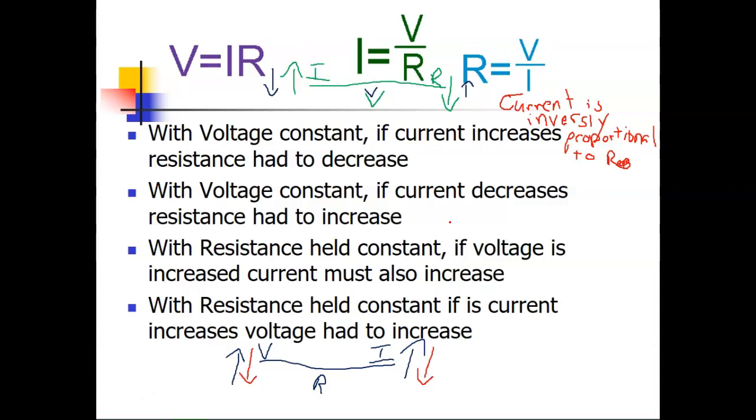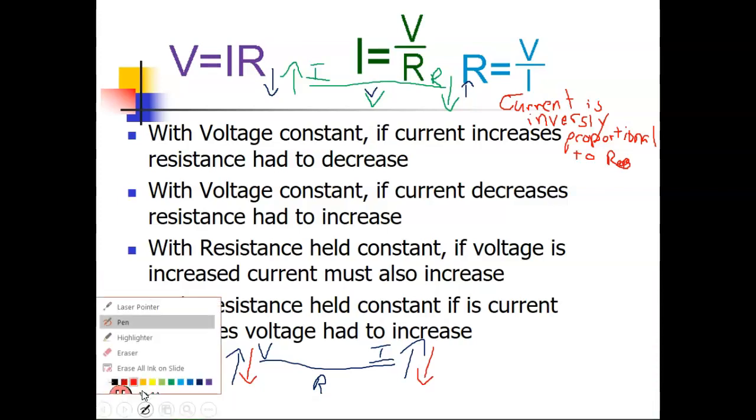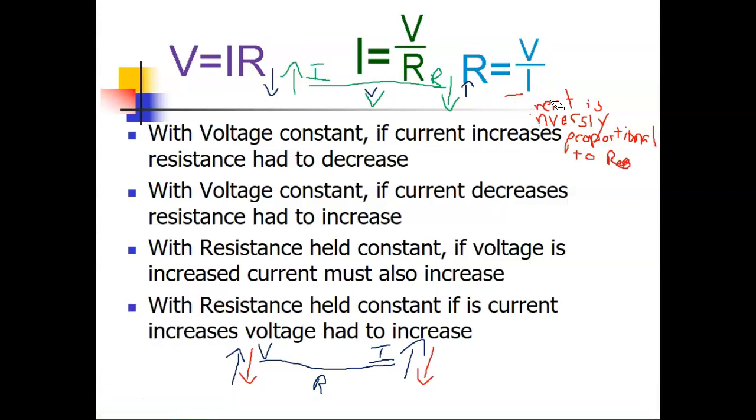Does that make sense? All it means is that when one goes up in current, if voltage is not changed, resistance, the other one, will go down. And vice versa. If you have resistance or current that remains the same, then when one goes up, the other goes up. Does that make sense?